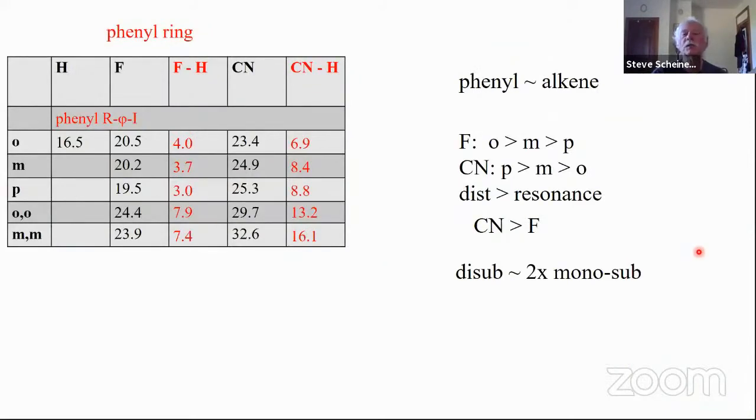Now shifting over to the phenyl ring, same thing, we have ortho, meta, and para, diortho, dimeta. So this is when there's just H. When we put F on, it intensifies ortho, meta to para. It intensifies by 4, 3.7, and 3.